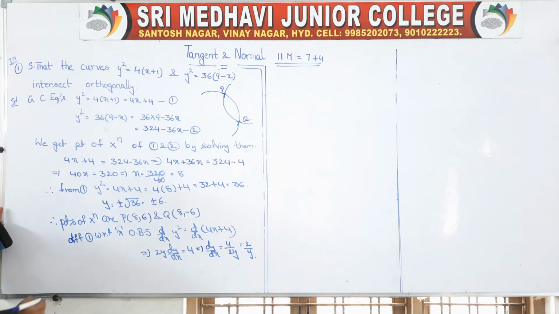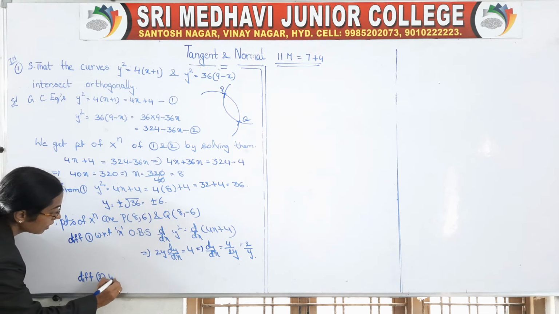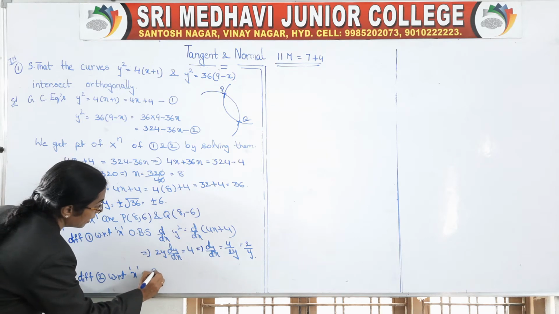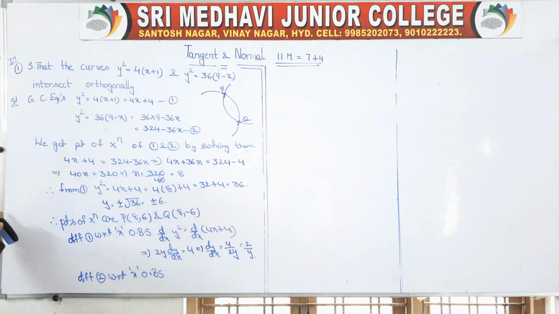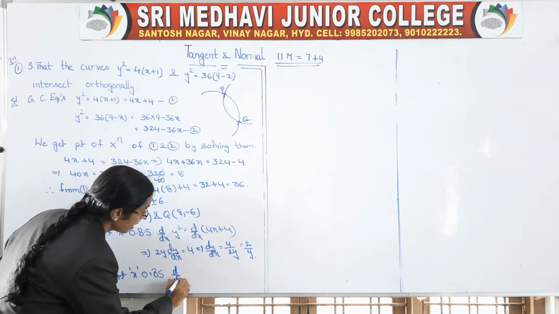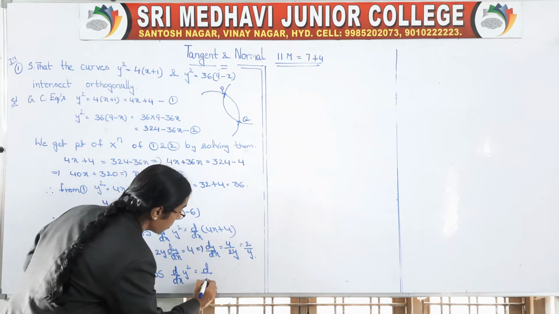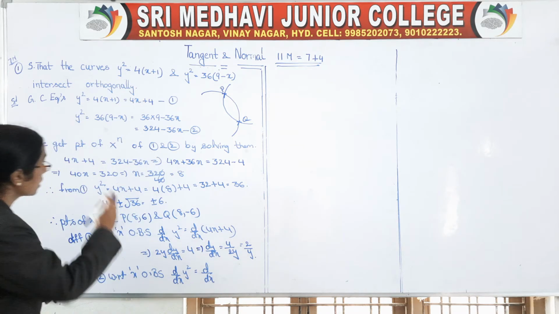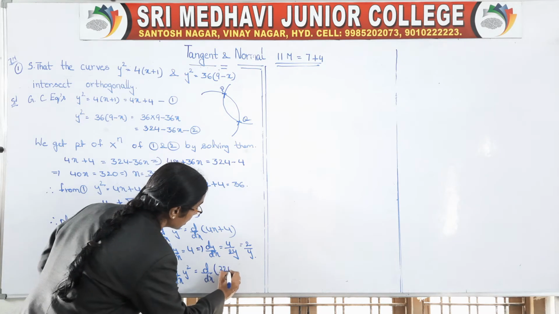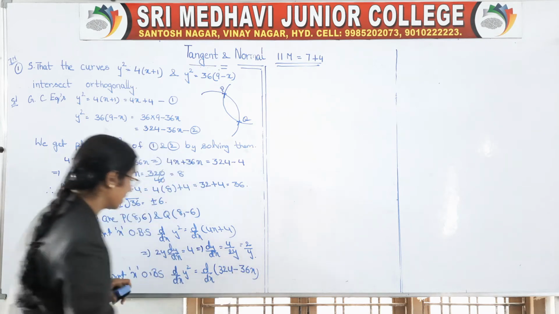Okay, similarly you differentiate 2 with respect to x on both sides. So then what happens to your value? d by dx of y square is equal to d by dx of, on this side we have 324 minus 36x.